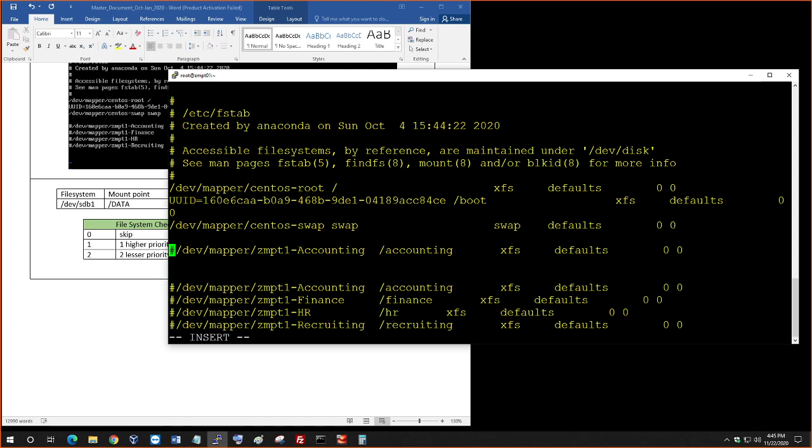So what happened here is /dev/sdd1 is mounted to the /mnt file system, okay?